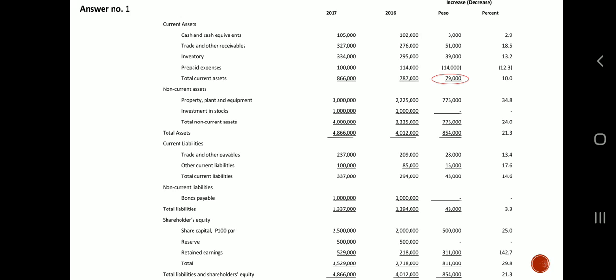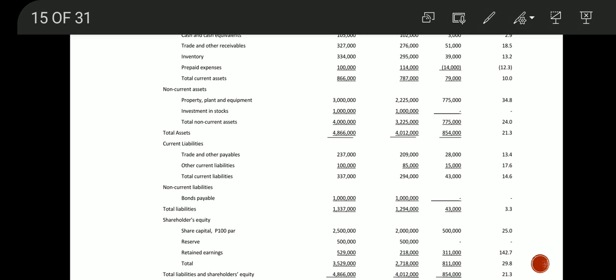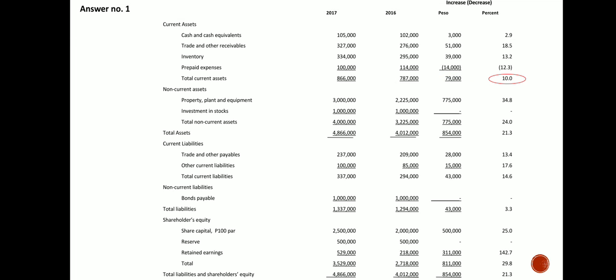So 866,000 minus the base amount in 2016, 787,000, is a 79,000 increase. That is equivalent to a 10% increase. So that is the 79,000 absolute change in amount divided by our base amount of 787,000. So that is 10%.